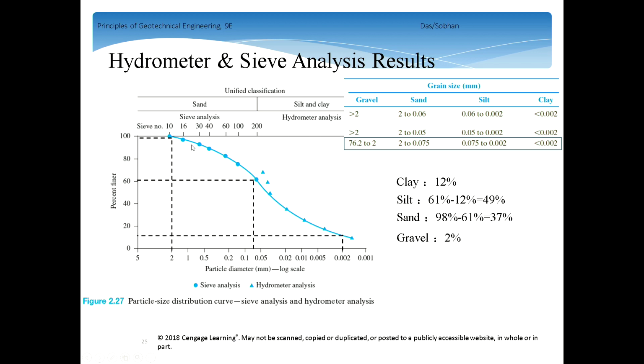As long as you got the curve from a sieve analysis and hydrometer analysis, then you can analyze how much clay, how much silt, how much sand and gravel is contained in the soil, right? This is the kind of analysis.